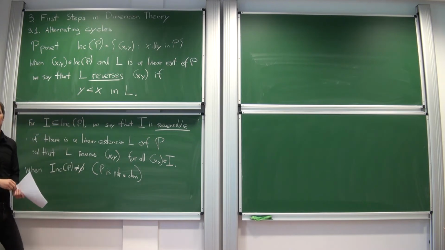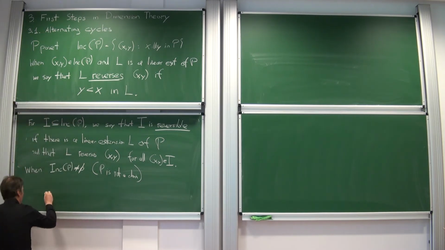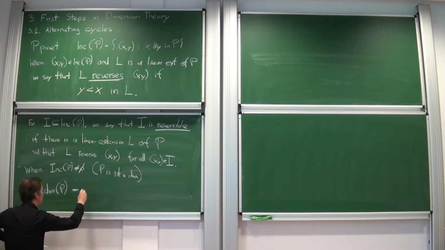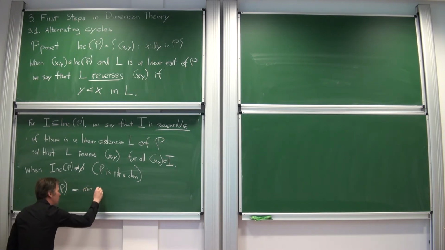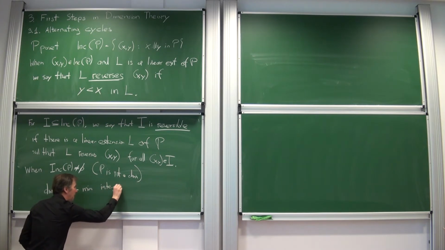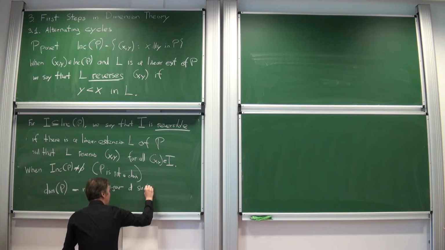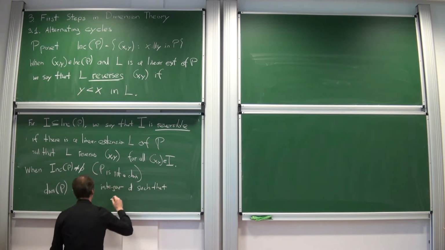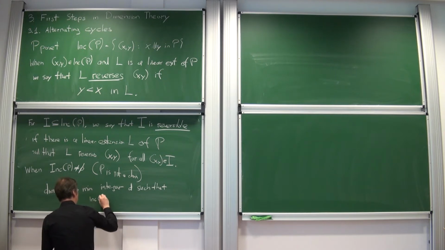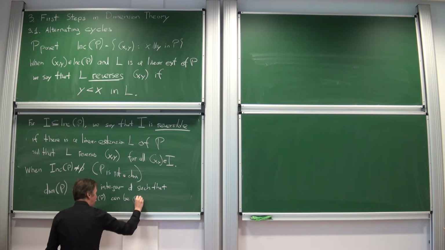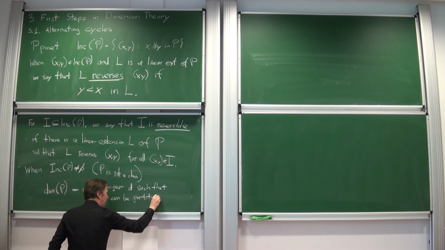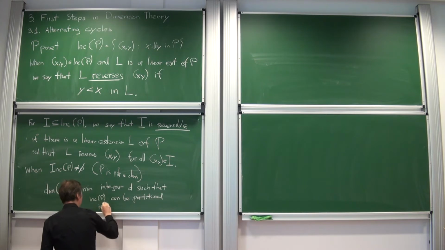We can just change the language for the definition of dimension, and we can say that this is the minimal integer d such that the set of all incomparable pairs can be partitioned into d reversible sets.